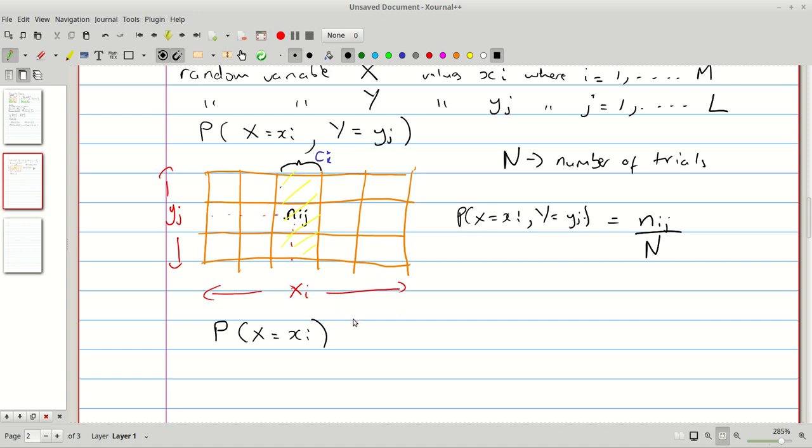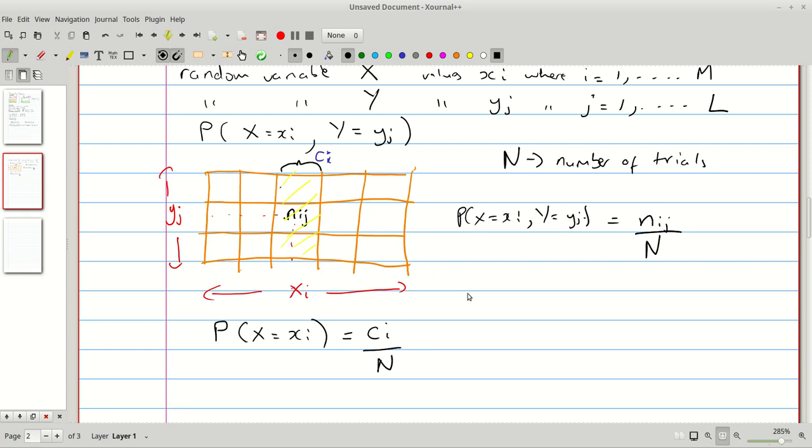So the probability is equal to ci over n. That's the probability that x will take this value xi. You might be wondering why we're doing this. We're deriving certain rules that are going to help us deal with some of our probability computations.